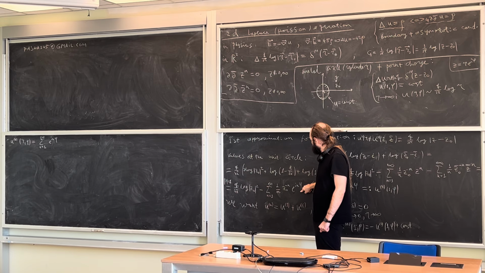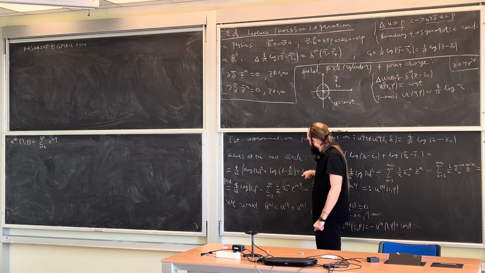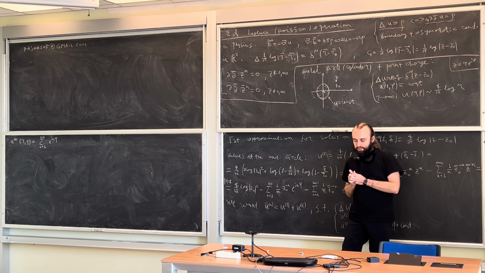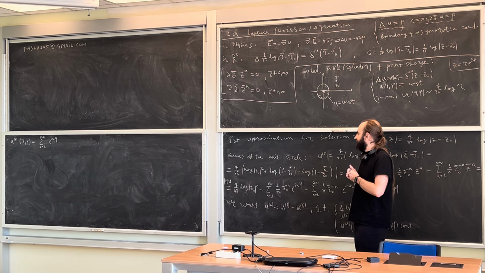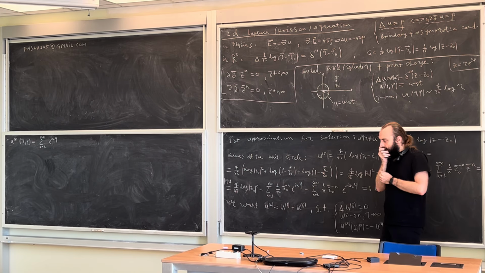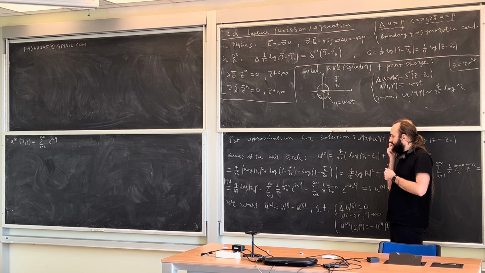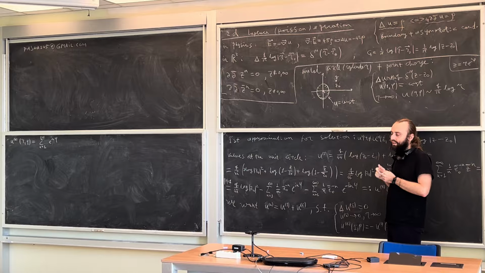What should its radial dependence be, so that it decays at infinity?